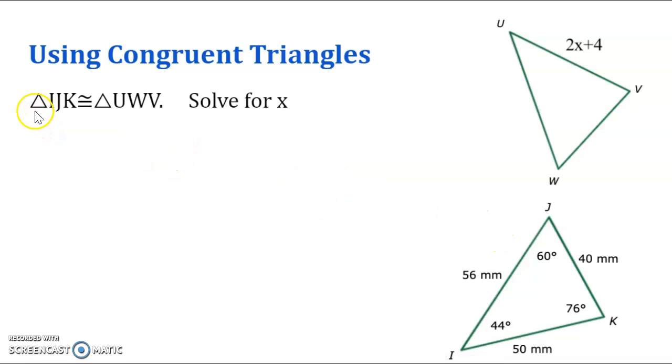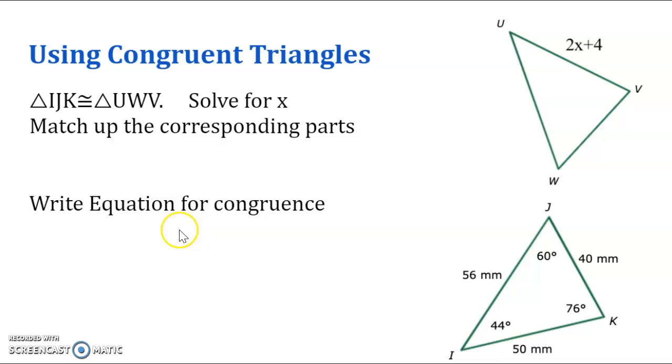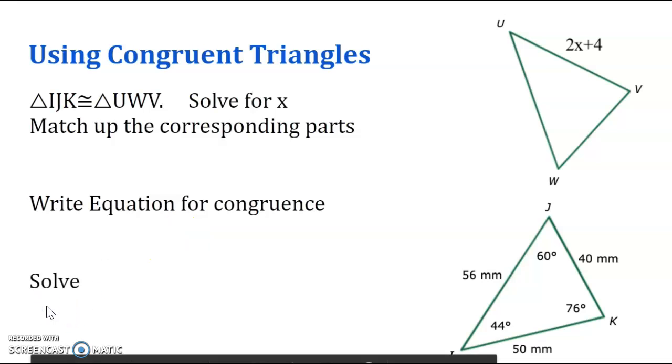So using congruent triangles, you use this to match. If you're given triangle IJK is congruent to triangle UWV, and you're told to solve, you match up the corresponding parts. We need to figure out which side corresponds to side length UV. Write the equation of congruence, and then solve for x.